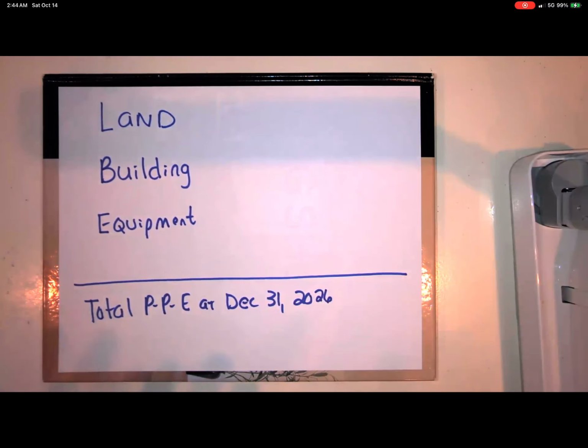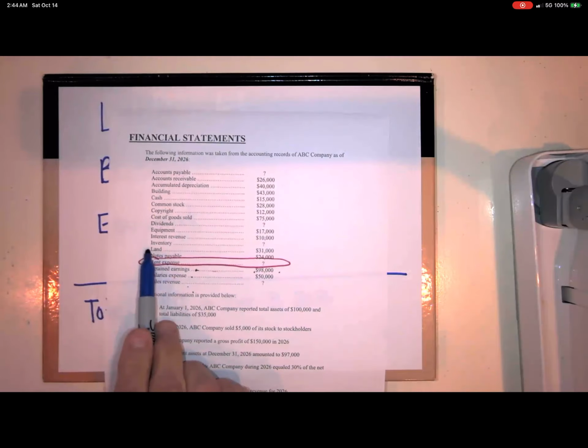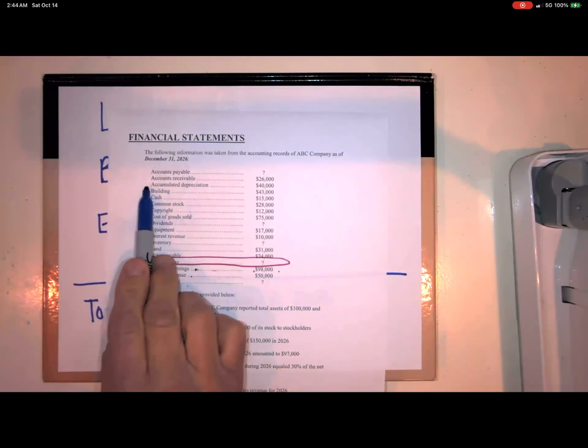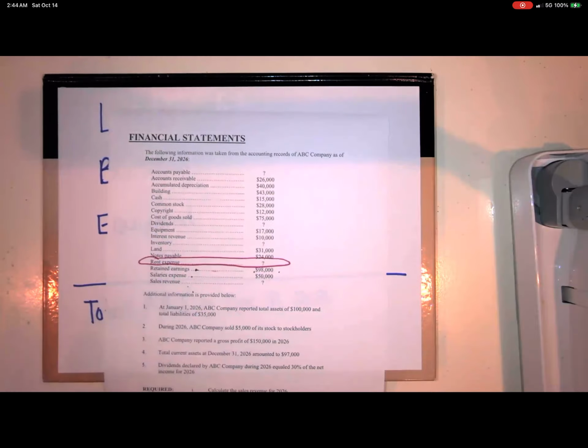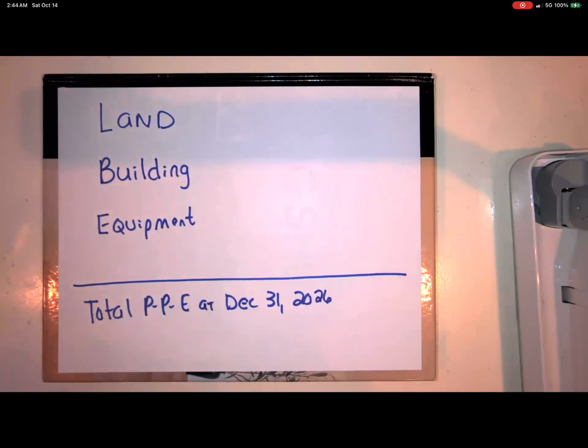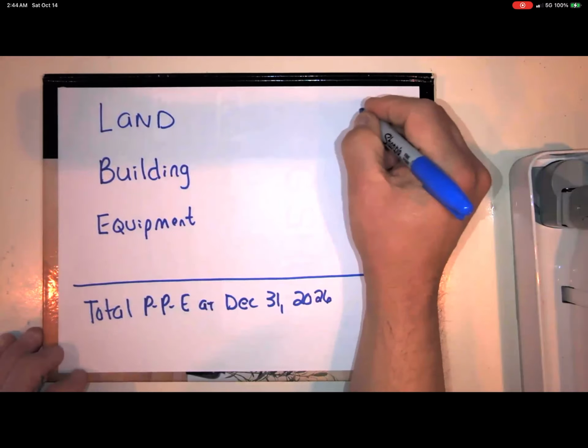And Christopher, I'm going to put the numbers up, then I have another question for you. So we can go find the account balances. The accounts are listed alphabetically. Here's the land, here's the building, there's the equipment. Land given is 31,000.